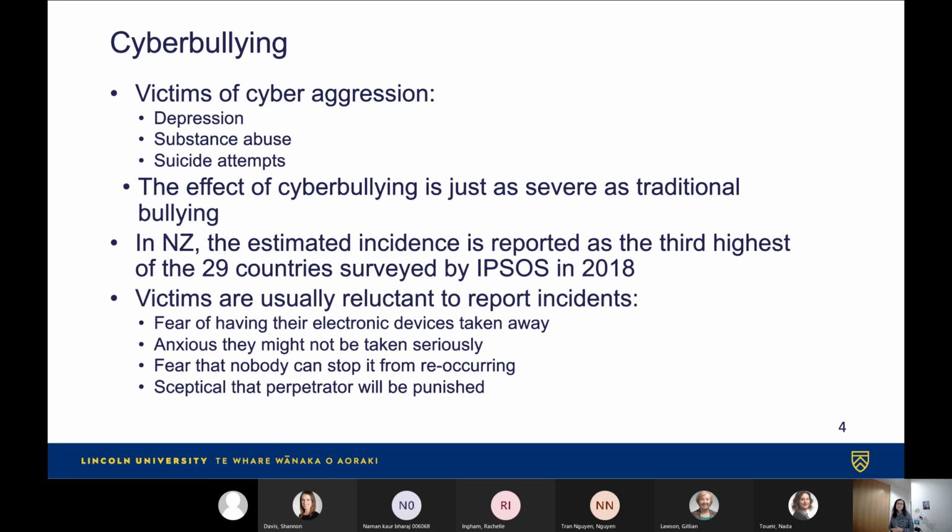So like I said, cyberbullying is not a good thing because it does affect the victims of cyberbullying. There are a few effects of cyber aggression. One of which is depression. We know that when students are bullied, they usually become very depressed and they don't know what to do.